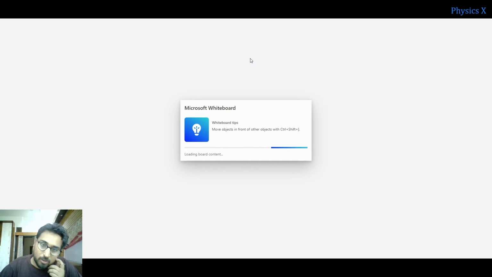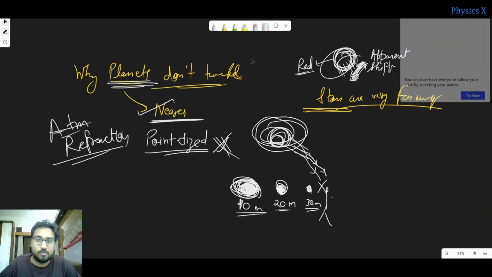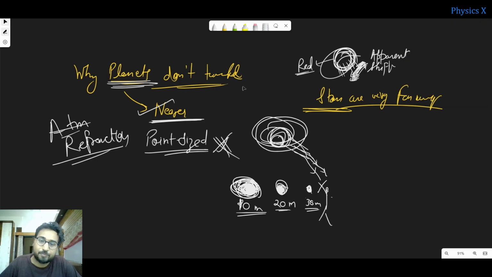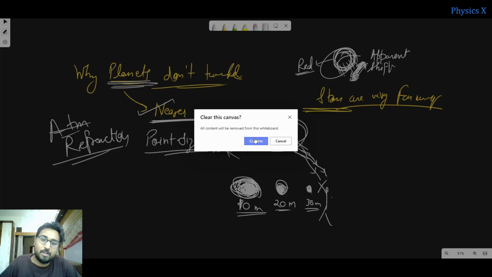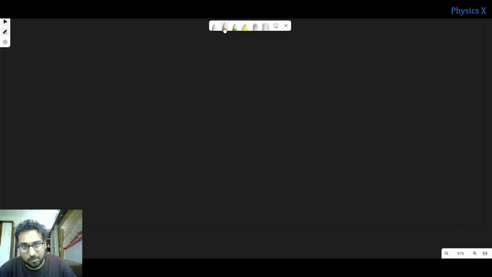So this was about atmospheric refraction. Now one more case is also there, which is regarding the early sunrise and delayed sunset of the sun. We are seeing the sun rays reaching our eyes 2 minutes early. So why does this happen? Let us understand this. Suppose this is your Earth.